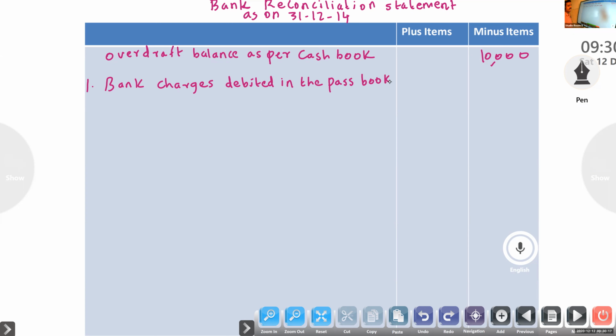So plus or minus, Sharath? Here overdraft as per cash book is given, so you have to look at whether the cash book will increase or decrease. If it is increase, minus. If it is decrease, plus. Bank charges debited in the passbook: cash book increase, minus. Yes, very good. Bank charges, so passbook decrease, cash book increase, so minus.